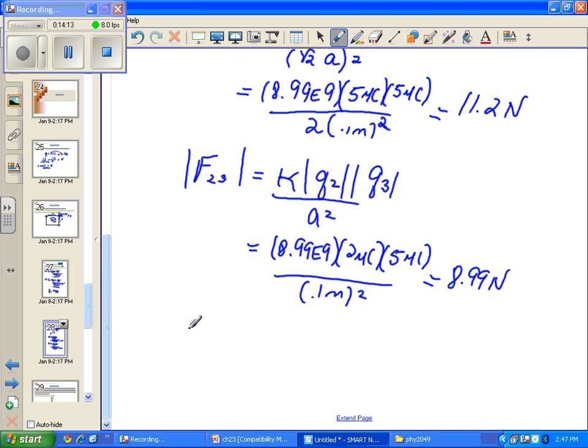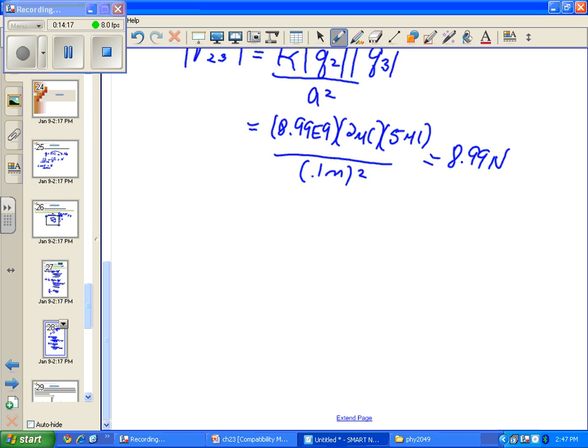Well, now that we have the magnitudes, we can actually write the vectors themselves. Well, let's begin with F23 since we just ended with it. F23, recall, only had a negative x component. And so here we have the magnitude of that x component. Remember, it lies only along the x-axis. There's no projection on y.